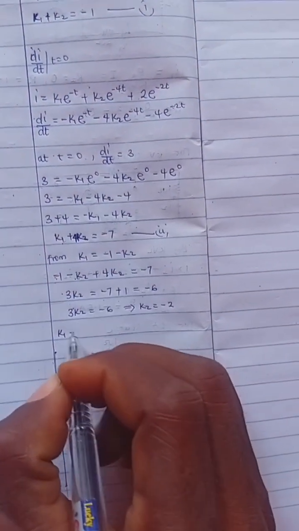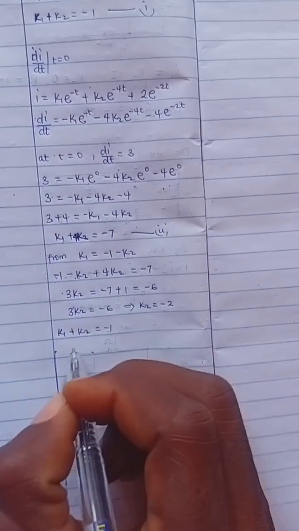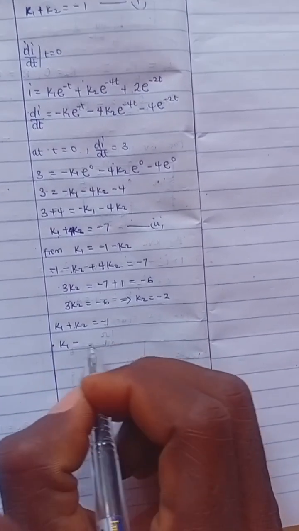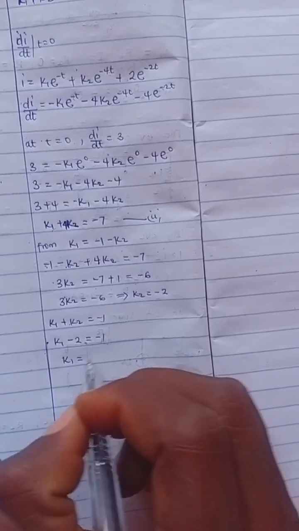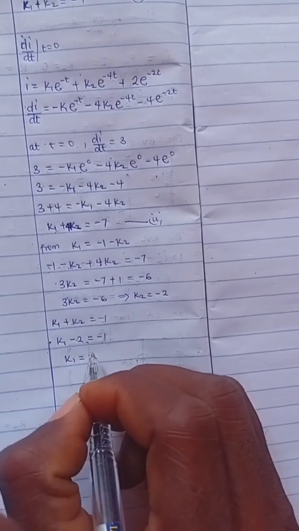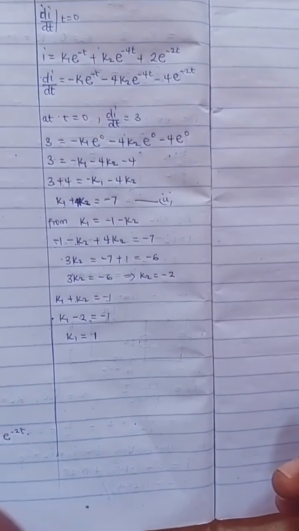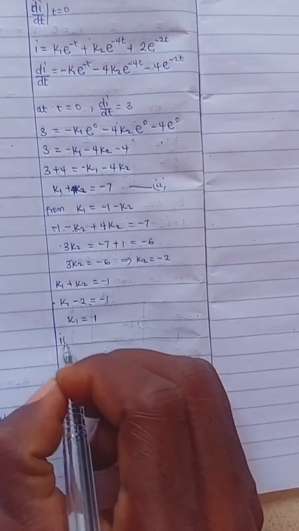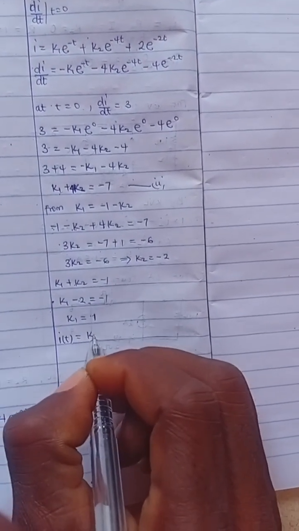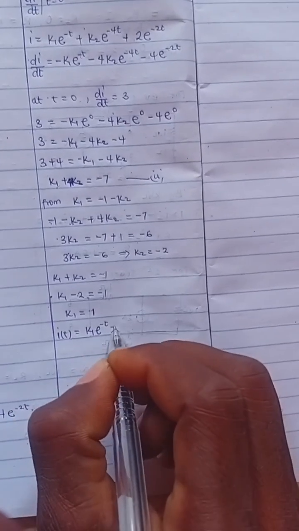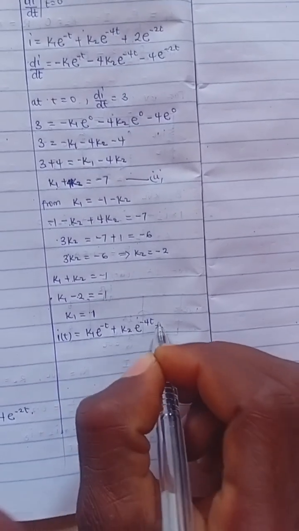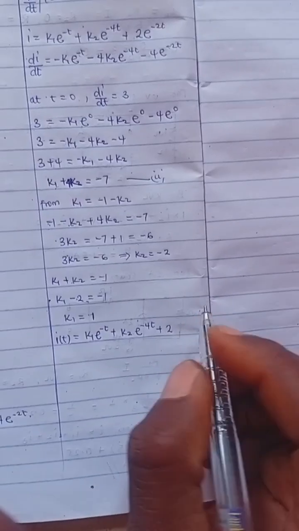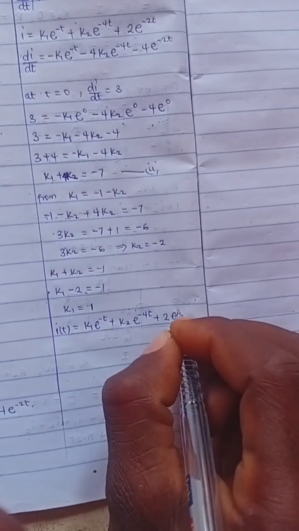If k2 is equal to minus 2, substitute that into this place. You have k1 plus k2 is equal to minus 1. That's k1, instead of k2, I'll write minus 2, is equal to minus 1. So automatically k1 becomes 2 minus 1, that will give you 1. So we have our values for k1 and k2. Remember our general solution is k1 exponential minus t, plus k2 exponential minus 4t, then plus 2 exponential minus 2t.